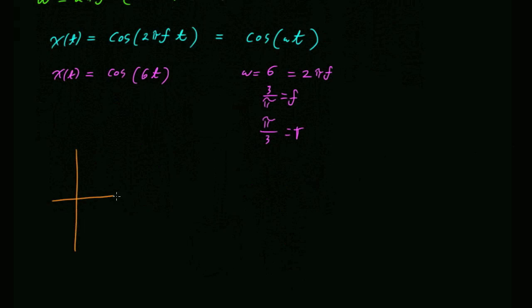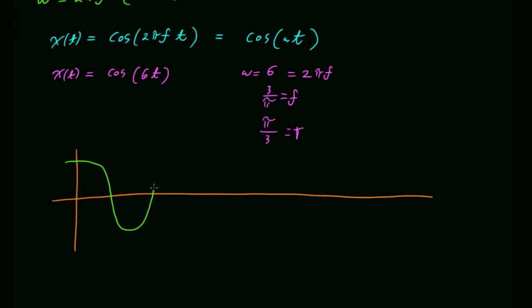If I want to plot this, probably I need to know the frequency or the period or something. So what can I deduce from this expression? Can I deduce the period, the frequency in hertz, or the frequency in radians per second? Could you find the angular frequency in radians per second? Good. So what is my frequency in radians per second? 6. Good, right? You just do pattern matching.